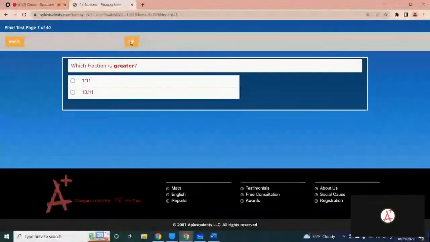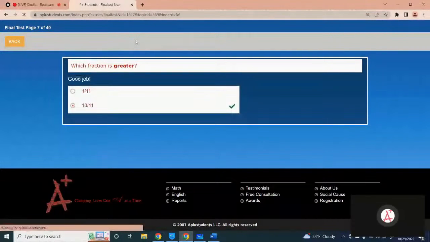Got it? Donal, you have to find the greater fraction. Both of the fractions have the same denominators. Got it? You have to compare their numerators. So 10 is greater than 1. So that would be 10 over 11, isn't it? Just select the correct option and then click on the OK button. Yes, it is 10 over 11. Very good.